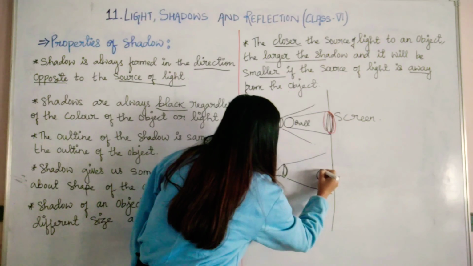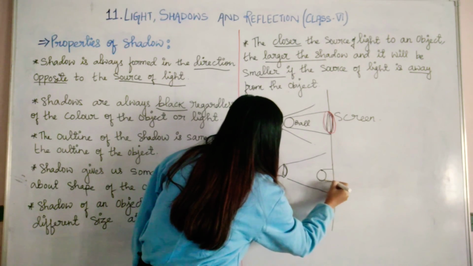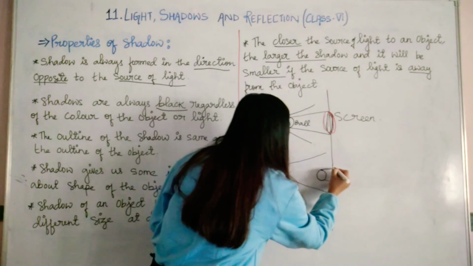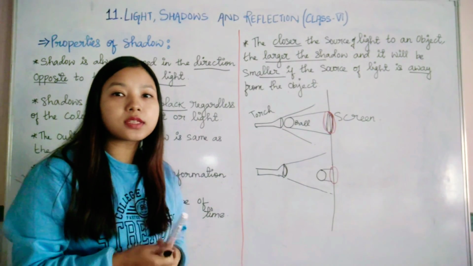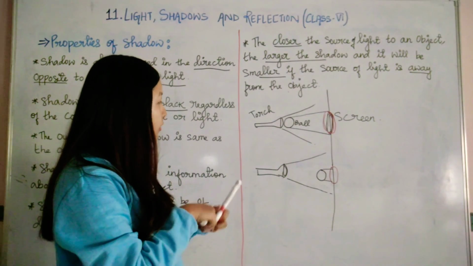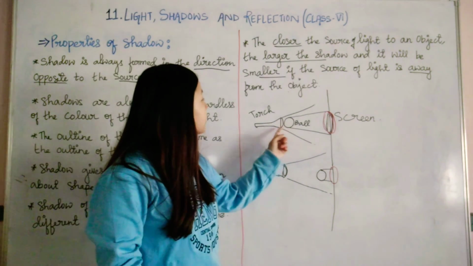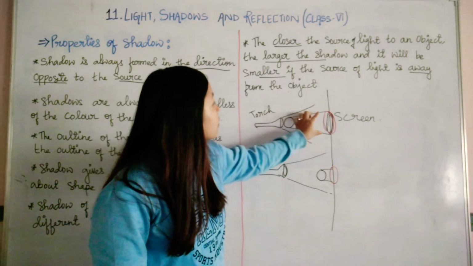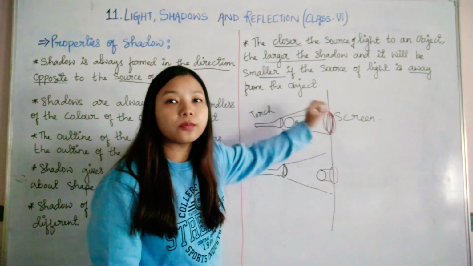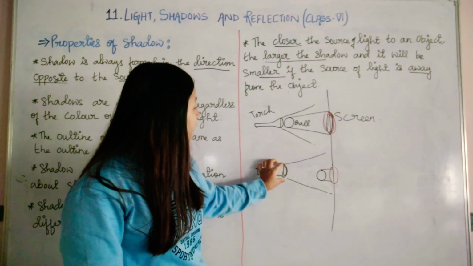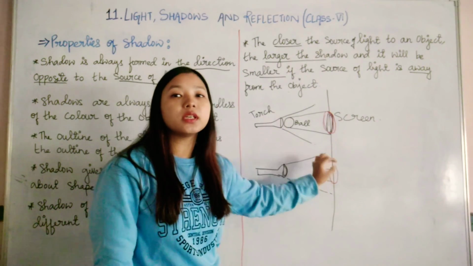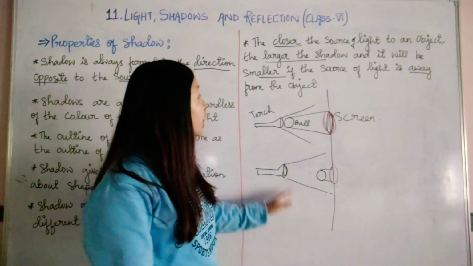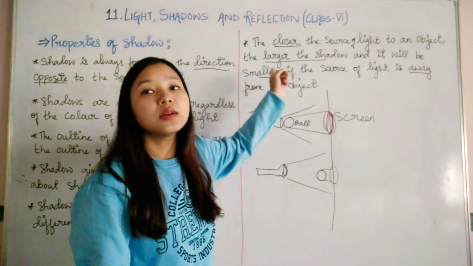This ball will give a shadow which will be only this size. Now can you see the difference? The nearer the ball and the torch light, the larger the shadow. The farther away the torch light and the object, the smaller the shadow. So this is what this sentence means.